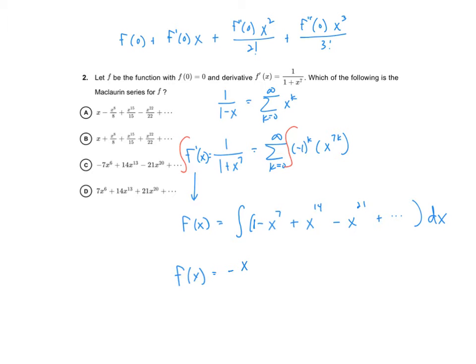Anyways, so this will be x minus x to the 8th over 8 plus x to the 15th over 15 minus x to the 22nd over 22. Alright, and now we can see that that's A.